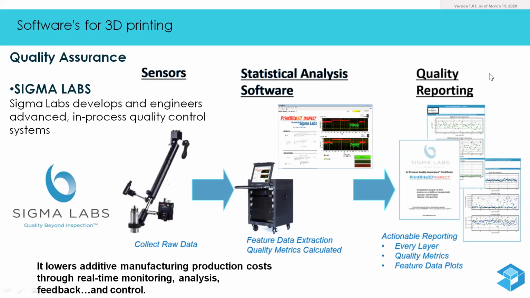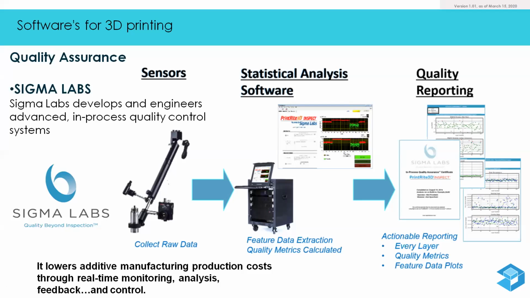Now, there are a lot of quality assurance softwares as well. What happens is that you collect the raw data of the part. There are a lot of quality metrics present, and you can report what is happening in each layer during the printing process.